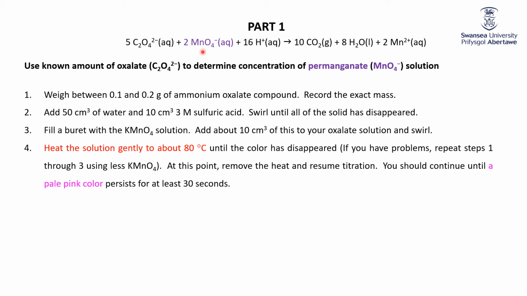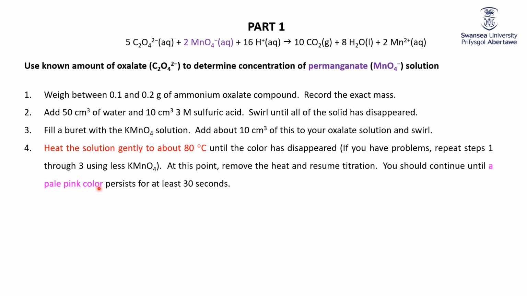We add a little bit more purple, and that's just enough to use up all the oxalate. So that purple goes colorless, but now there's no more oxalate left in there. So the next teeny little bit of purple that I add in doesn't react. Now, of course, purple, when it's really diluted, is pink. So this pale pink color is the indication that we have finished the reaction.